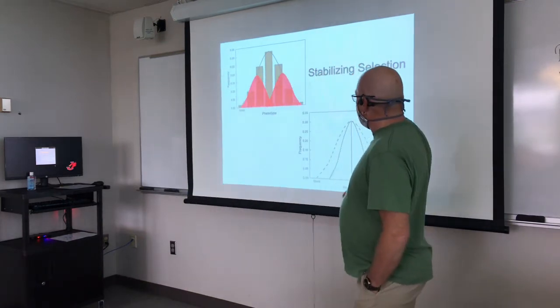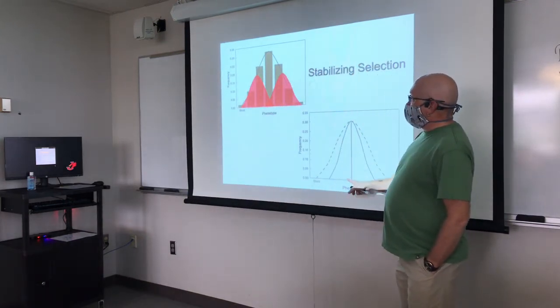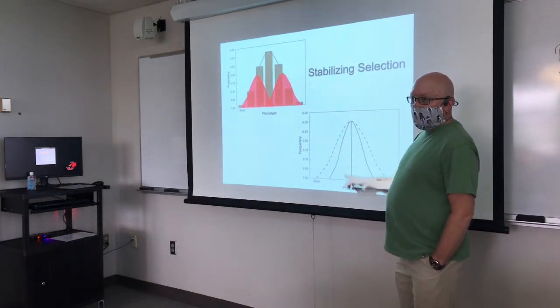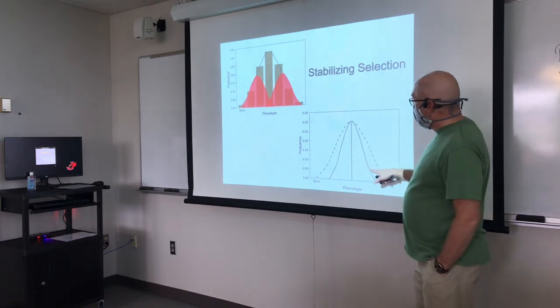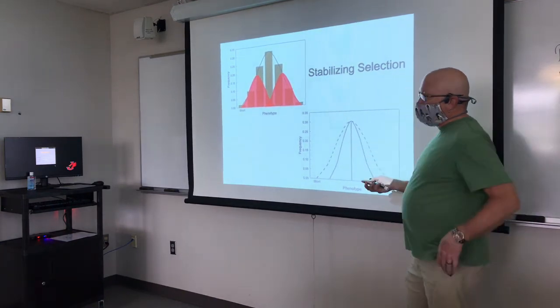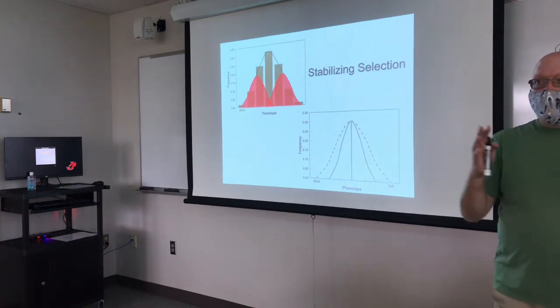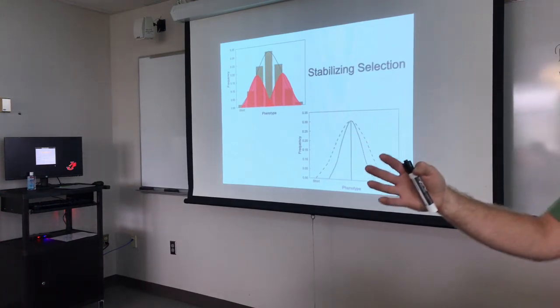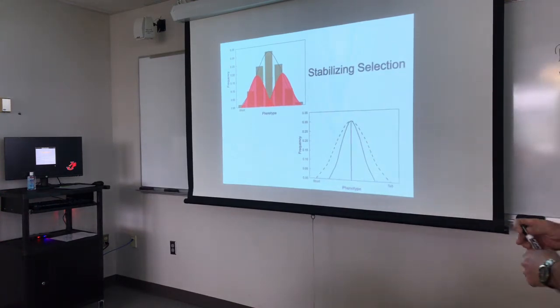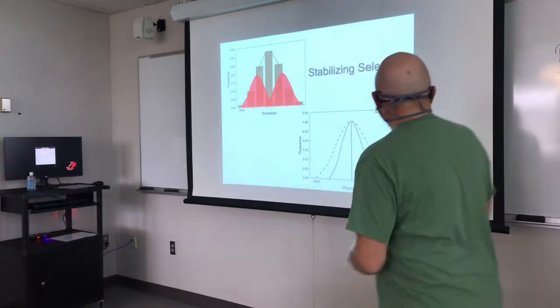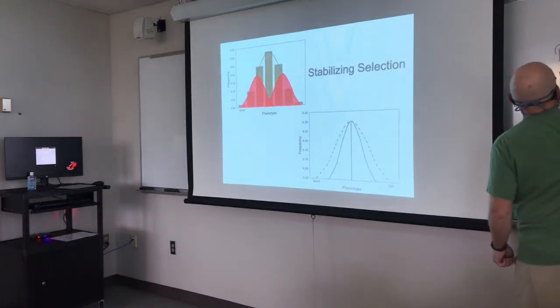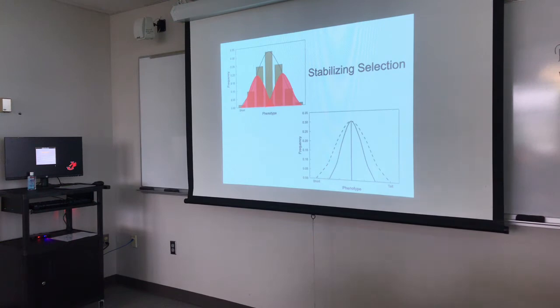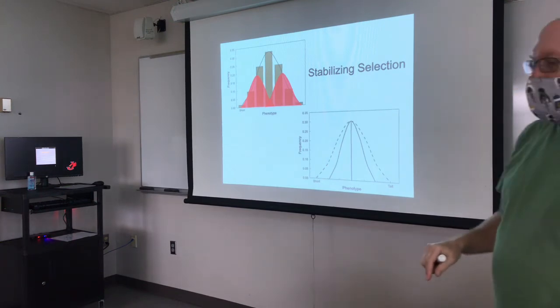So in this case, the average trait value is the same in the pre-selection and post-selection scenario, but the post-selection population is less variable than the pre-selection population. So in this case, R would be 0, as opposed to R being positive or R being negative.